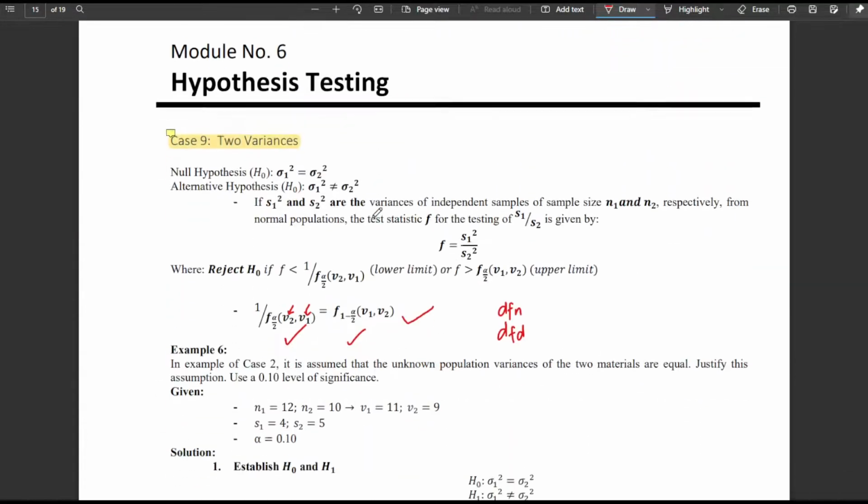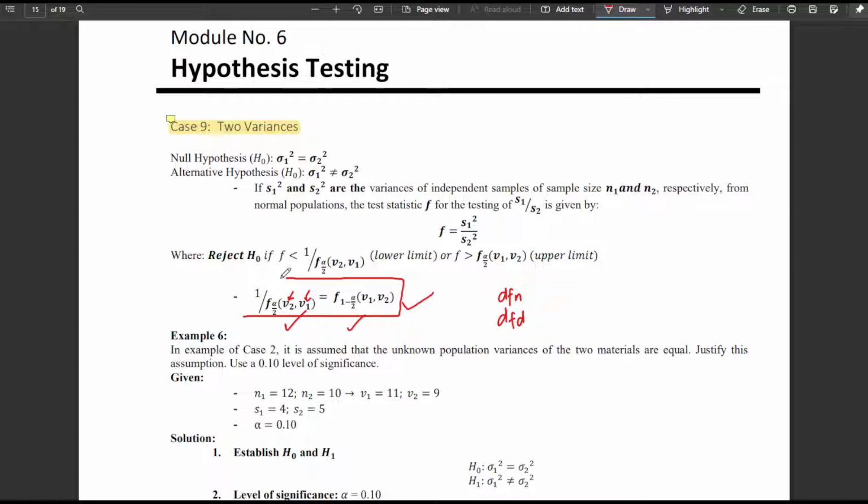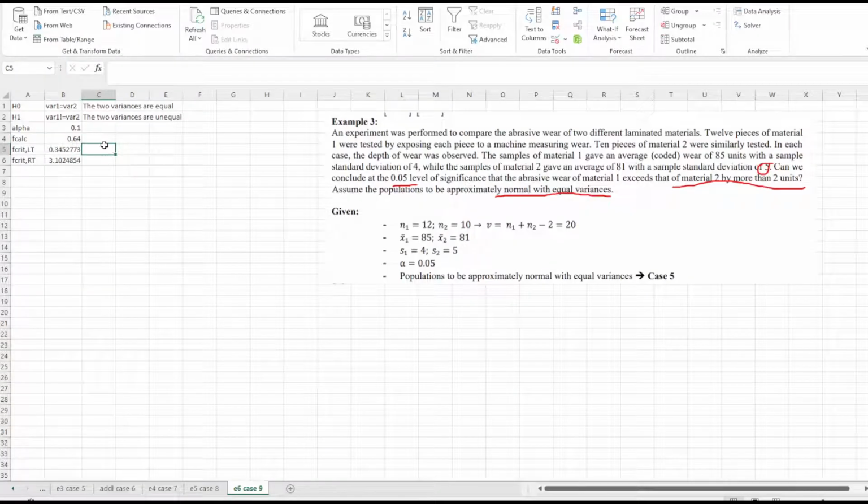Let me reiterate. 1 over F alpha over 2, with the second data set as the numerator and the first data set as the denominator, is equal to this value right here. To prove that this still holds true, we can do 1 over F.INV.RT, since the 1 minus alpha over 2 is actually an RT value.